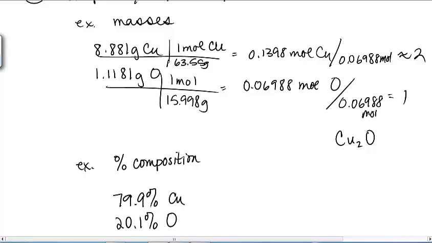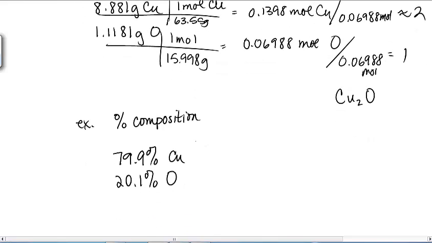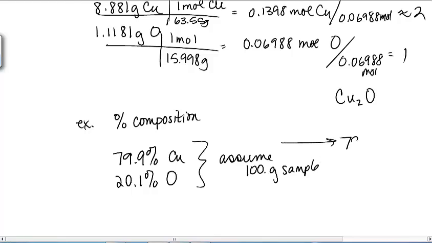Aditya? Right. So then we can assume a 100-gram sample, which then would make it 79.9 grams of copper and 20.1 grams of oxygen, which we could then convert into moles and divide by the smaller.